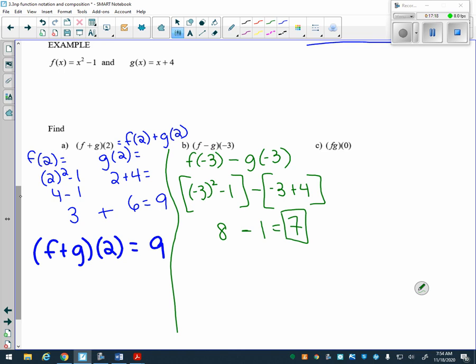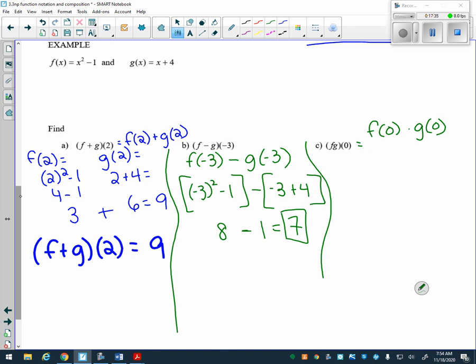Okay. Now for multiplication, you could do the same thing. This means f of 0 times g of 0. So you're substituting in 0 for x, for the f function, and then for the g function.